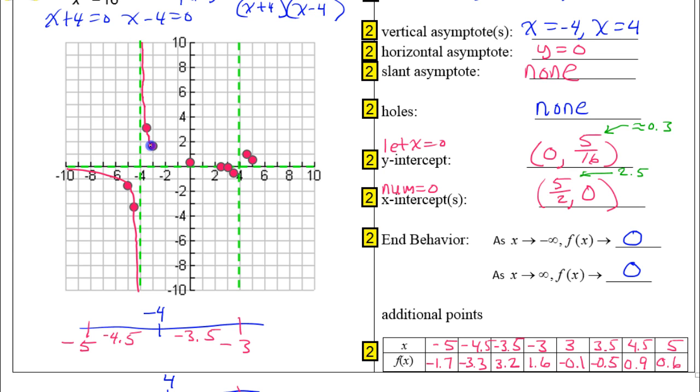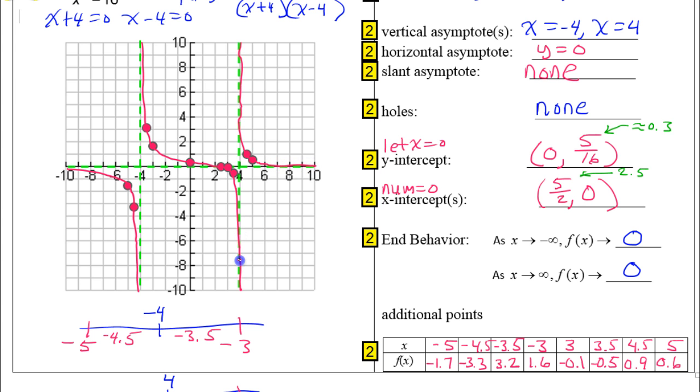It's going to pass through these points. There's my x-intercept. And then it's going to approach this vertical asymptote. Meanwhile, I'm going to have a branch over here that's got to approach the asymptote, pass through these points, and again approach the asymptote.